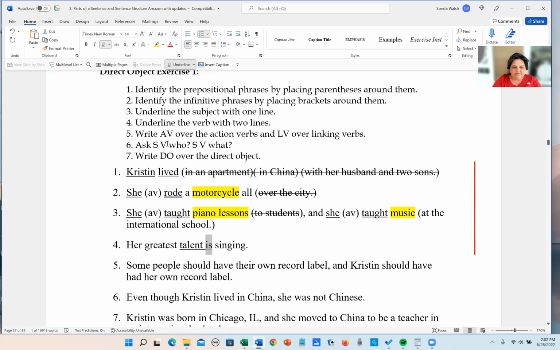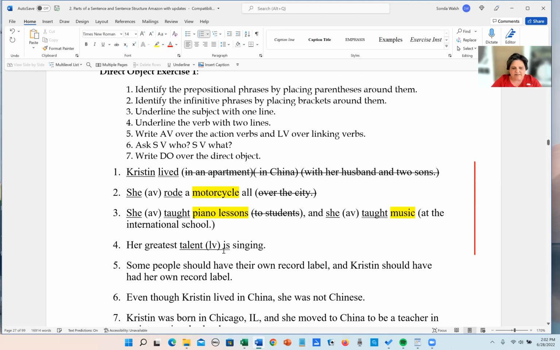Okay, then we have to identify whether the verb is an action verb or a linking verb. Now, you might say singing is also the verb, but it's really not, because singing is what her greatest talent is. So singing is renaming talent. So here we have a linking verb.